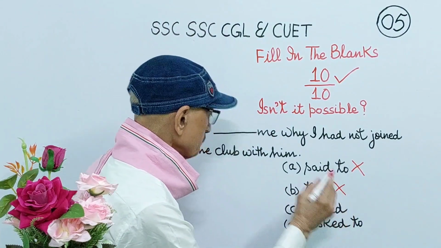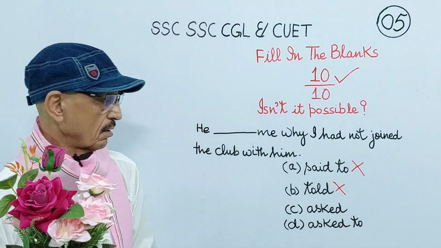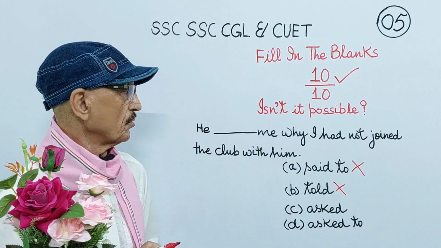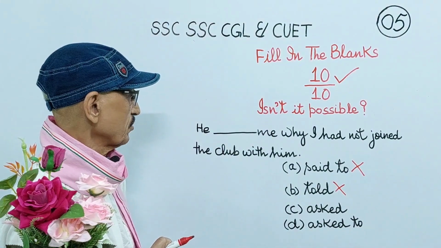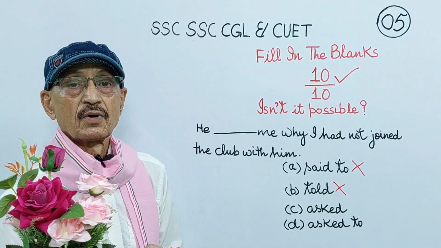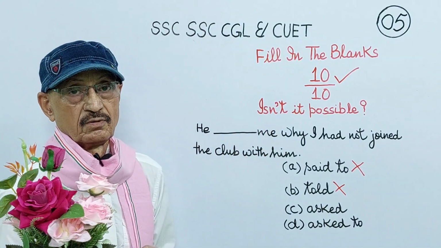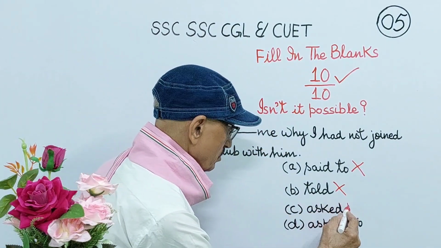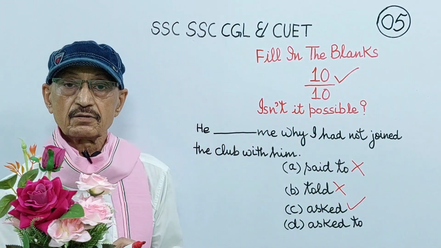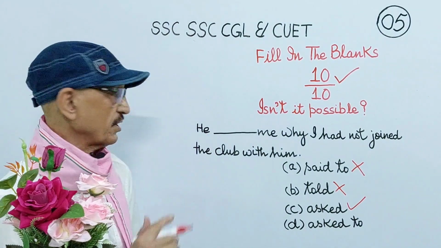This is wrong. He asked me why I had not joined the club with him. Asking the reason. Then asked is the correct word here to fill this blank space.